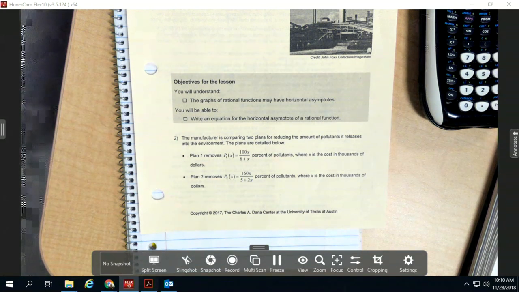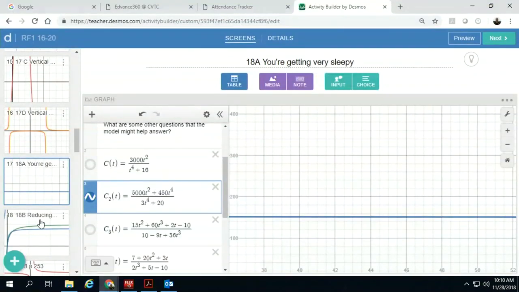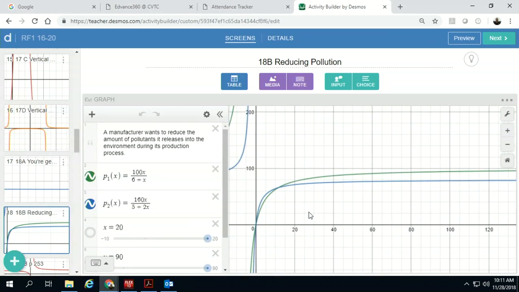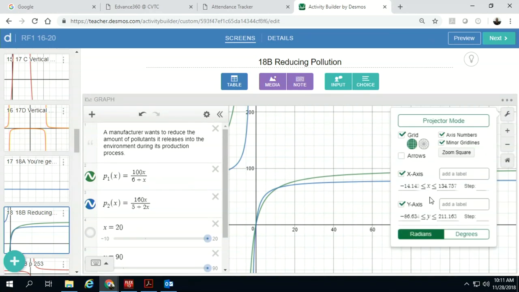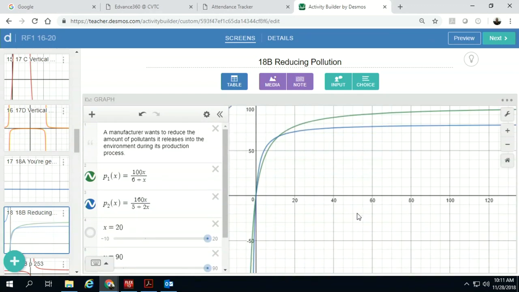So I would start by graphing the two functions. Plan 1, plan 2, and here they are. If you notice, I didn't need to graph higher than 100%. How come? Because I can't remove 200% of the pollutants.